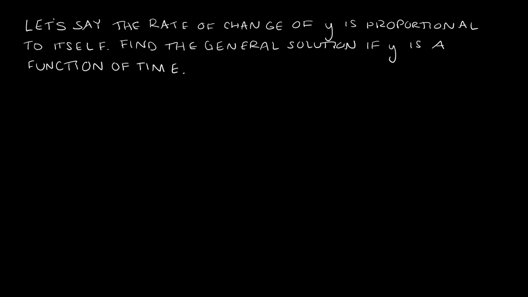So first of all, we're looking at a rate of change, which of course means that it's a derivative. It's a slope. The rate of change is a slope. So the rate of change of y, and it's a function of time. So everything I have underlined in blue tells me that I'm going to take the derivative of y with respect to t, because it is a function of time.